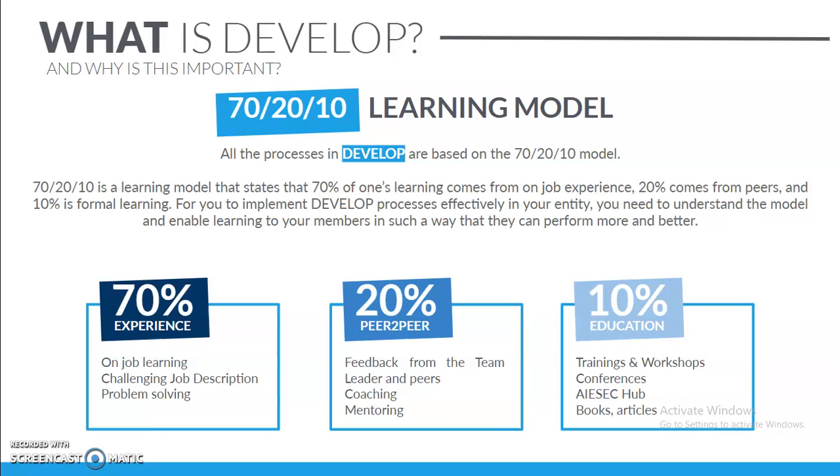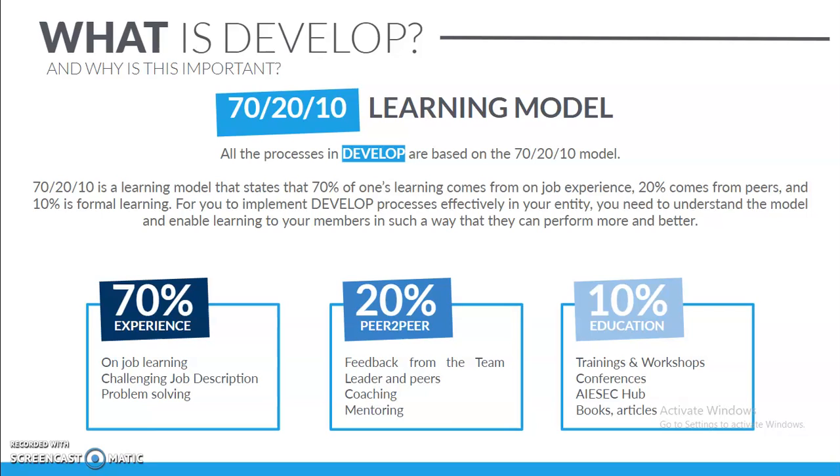So in my opinion, this is the most precious part of learning because it comes from your experiences and it's something that you're going to remember because you've been in that experience, but also I think it's a funnier way to learn. Then 20% of your learning experiences comes from peer-to-peer learning.